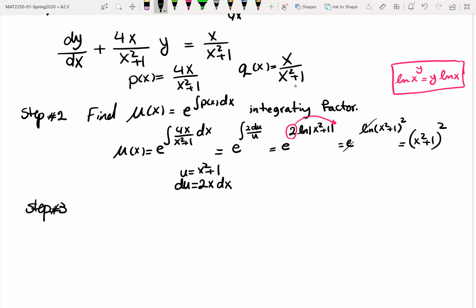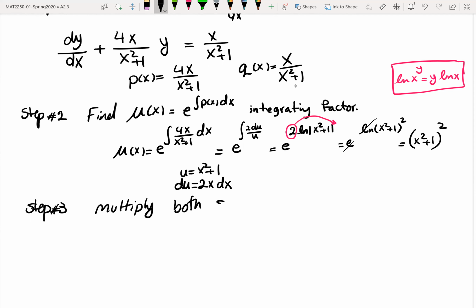Otherwise, if it is a first order differential equation, it has to be, after multiplication, nice integration, okay? It's not really a complicated integration, it just has to be first calculus level of integration, not the second calculus, okay? Unless you have made a mistake, otherwise it should be fine.